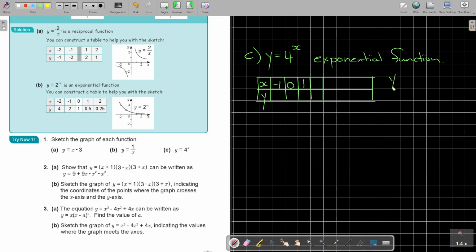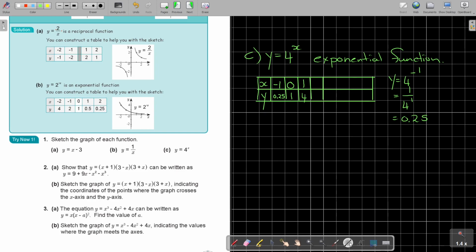So if y equals 4 to the power -1, it's 1 over 4 to the power 1, which is 0.25. And anything to the power of 0 is 1. And then 4 to the power 1 is 4.